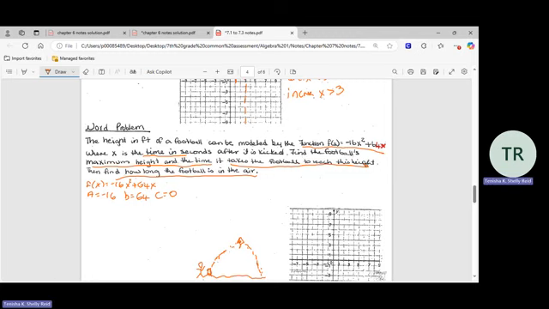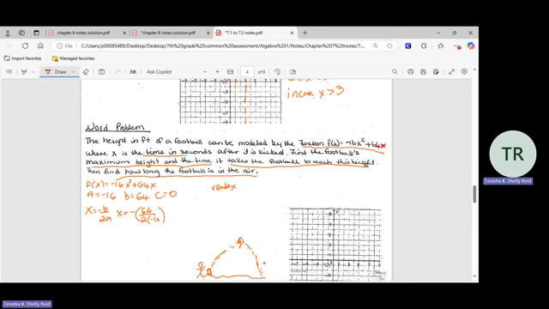Nonetheless, in order to find the maximum height, we are looking for the vertex. How do we find the vertex? It is the axis of symmetry substituted into the y. So x is equal to negative b over 2a. That's the axis of symmetry. x is equal to negative 64 over 2 times negative 16.